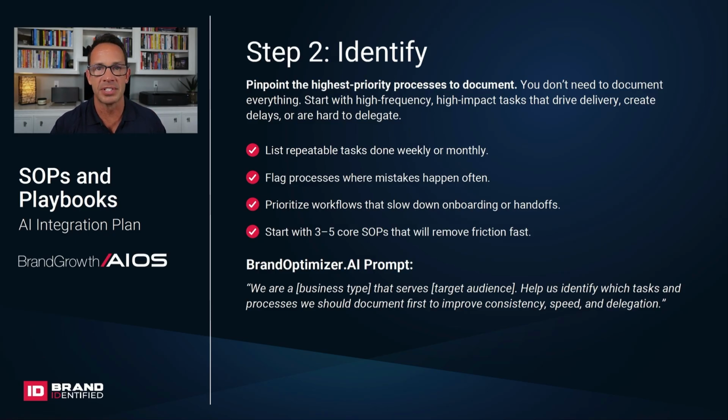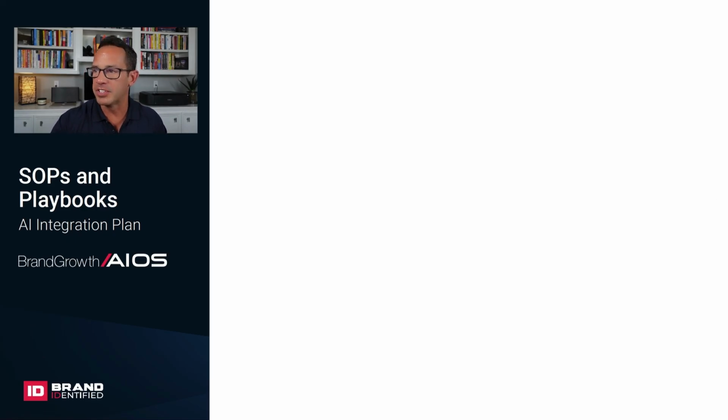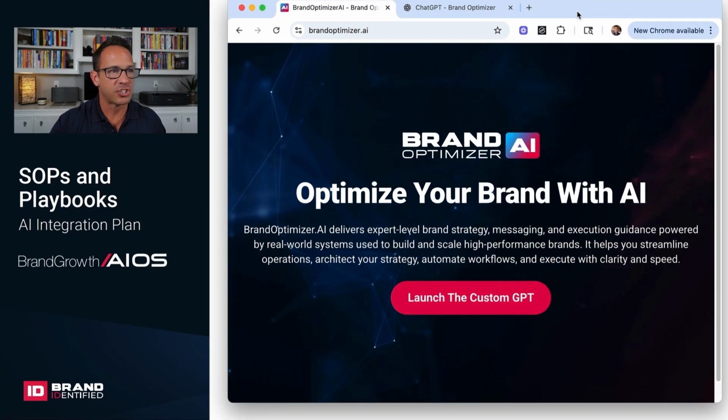So for example here, you will take this prompt, which is "We are a," and you would insert your business type there. That serves, and you would input your target audience there. Now help us identify which tasks and processes that we should document first to improve consistency, speed, and delegation. So you're going to take this prompt. You're also going to take the 10 questions from step number 1 and your 10 specific answers to those questions, and then you're going to move them over and visit BrandOptimizer.ai.